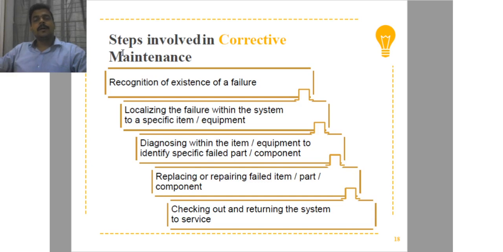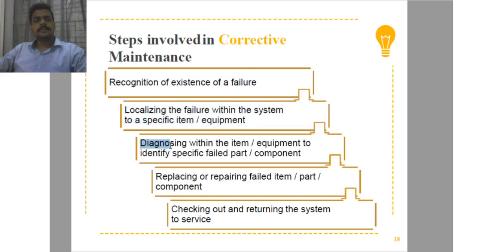Now, in the same way as in preventive maintenance, here also there are steps involved for corrective maintenance. These steps are five in number. The first step is the recognition of the existence of a failure. Second, localizing the failure within the system to a specific item or equipment.